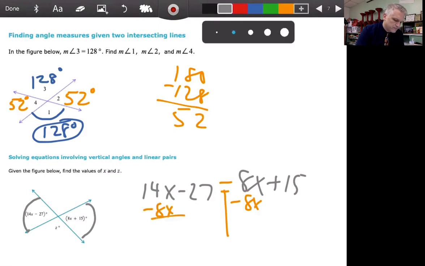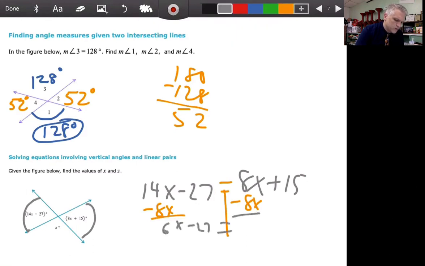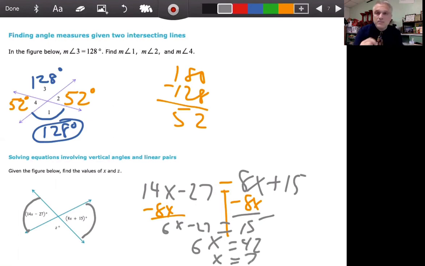So I've got 6x minus 27 equals positive 15. I'm going to add 27 to both sides. I got 6x equals 42. Divide by 6, I got x equals 7. Yippee.